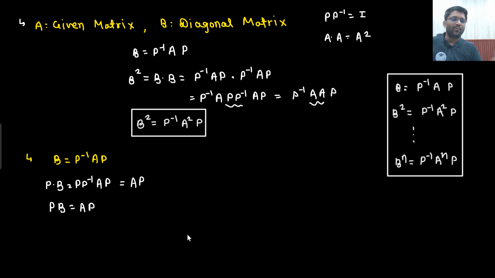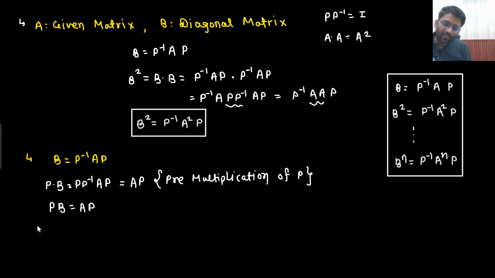Now post-multiplication of P inverse I will do. Here it was pre-multiplication of P; now post-multiplication of P inverse. What will I be getting?